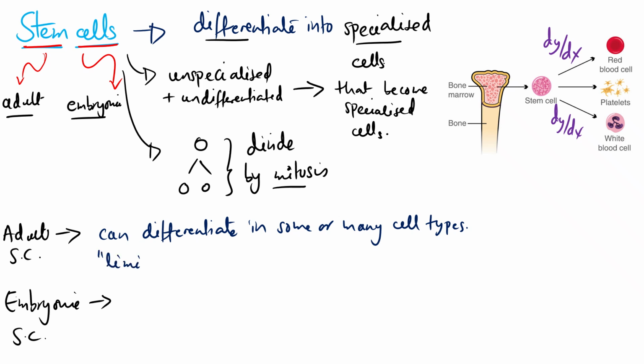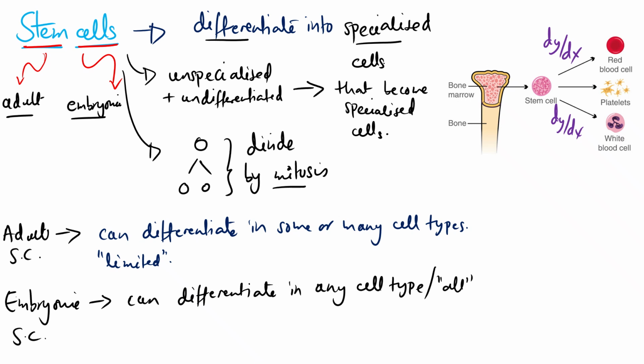Whereas embryonic has the ability to differentiate into any or all cell types. So that's unlimited power. When Thanos said the 5 stones, was it 5 stones or 6? I don't know. Can differentiate into any cell type, or all, and it's unlimited power. Alright, cool.